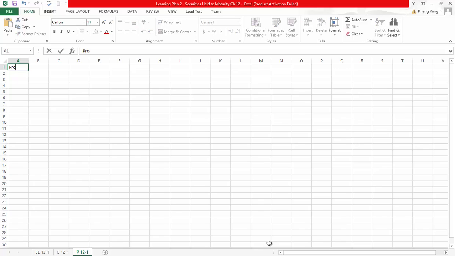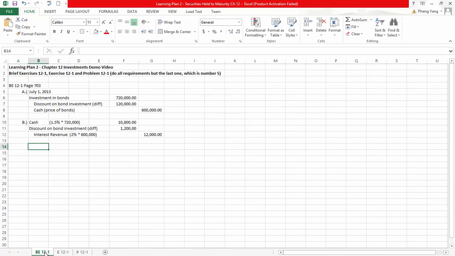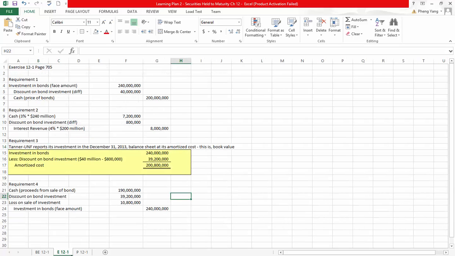Okay, so this next one is going to be problem 12-1 on page 715. And once again, this is going to be the same concept. It's going to be on securities held to maturity investments. I'm going to show you again the steps, which are similar to what we did in the previous exercises, 12-1 for brief exercise, and then exercise 12-1.